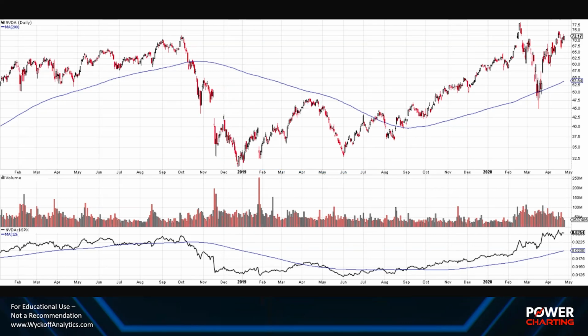Well, the first step is to look for the evidence of stopping action of a decline. And this is very important because this is the beginning of the accumulation dance. This is where accumulation starts to unfold and can take months to years to happen. But it's very important to identify the selling climax and the automatic rally.